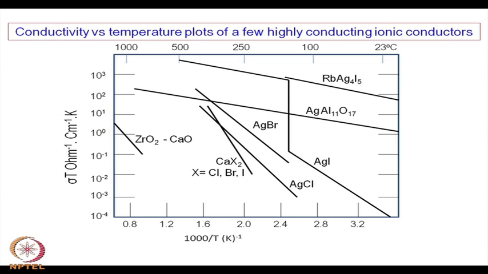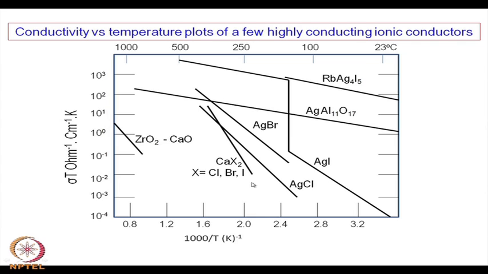There are oxides, we will see some of the examples later on, where even the hydrogen ion can be a mobile species. Okay. So, of course, the mechanism is slightly different there, the origin of this hydrogen ion is a little different, but it is possible to have hydrogen ion conductivity in some of the oxides.